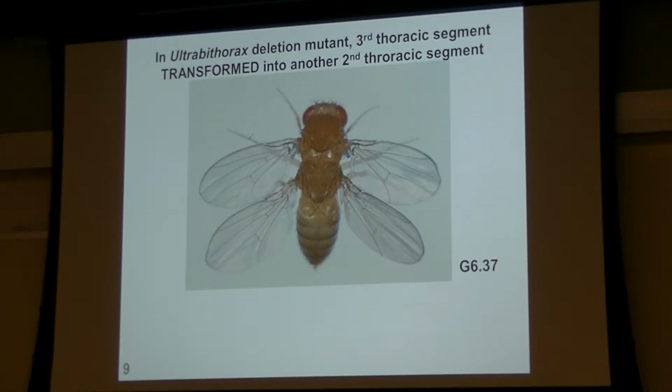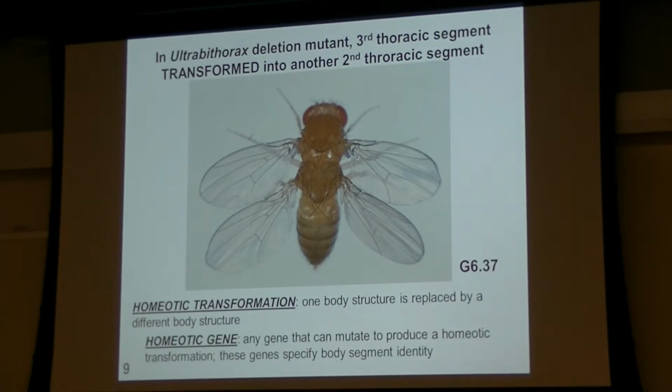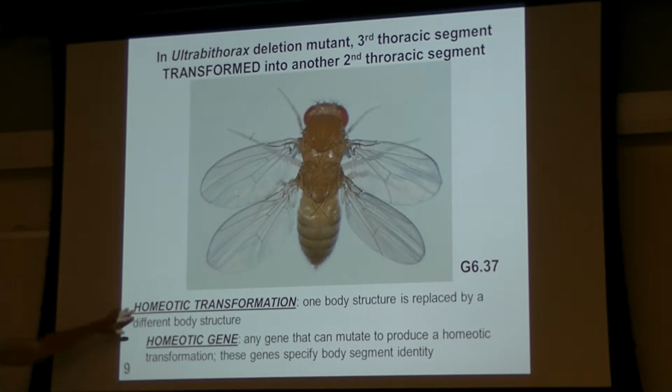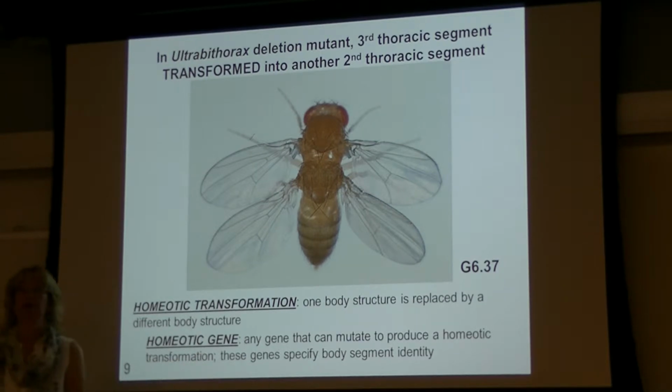So, back in the day, we had talked about the idea of a homeotic transformation, where you take one body structure, and instead of disrupting or breaking this body structure, you convert it into something new and different. So that one body structure is replaced, and this was homeotic transformation, and any gene that could do that would be considered a homeotic gene.